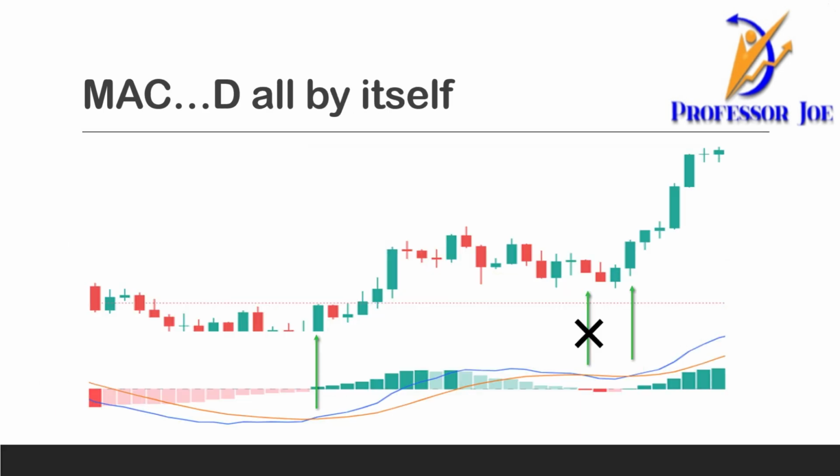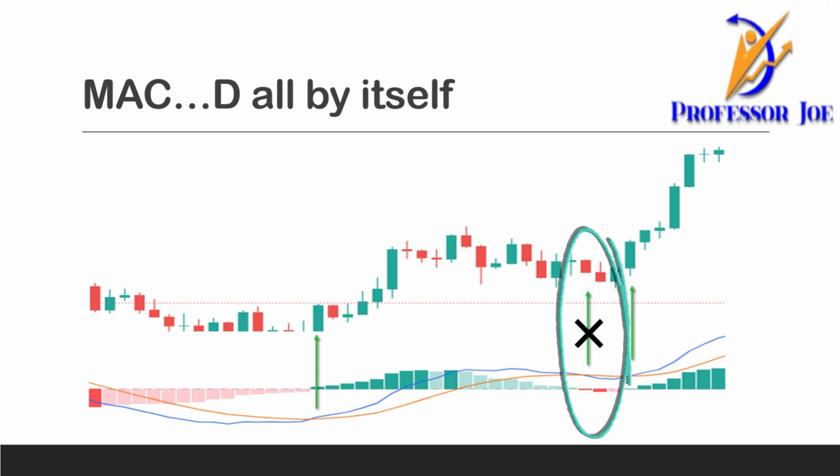Now, here you can see that there is a chart. In this chart, there are three signals. Signal number one is a buy, signal number two is a sell, and signal number three is again a buy. The first buy signal is a good signal because the price went up after the signal was given.